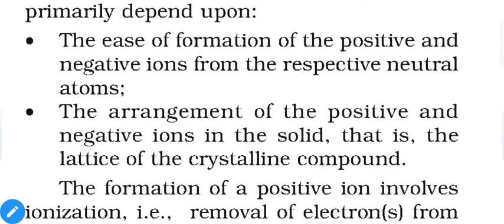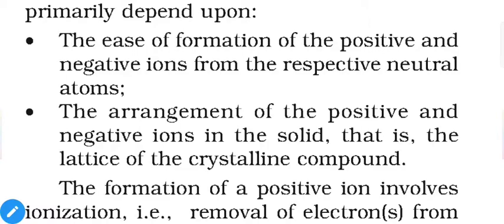Obviously the nature of sodium is metallic, which means it normally loses electrons, but carbon is a non-metallic element, so usually carbon does not release or donate electrons. So it depends on the nature of the atom, how easily it accepts or loses electrons.